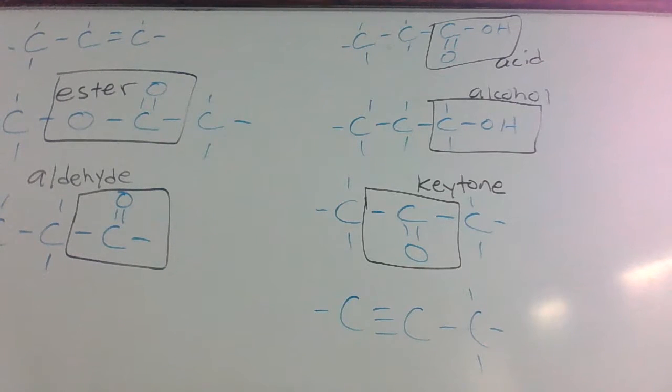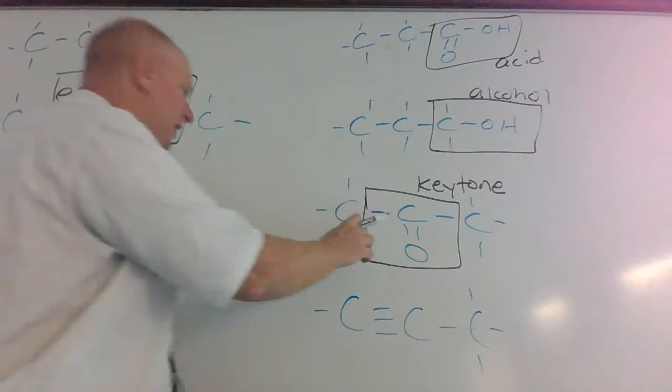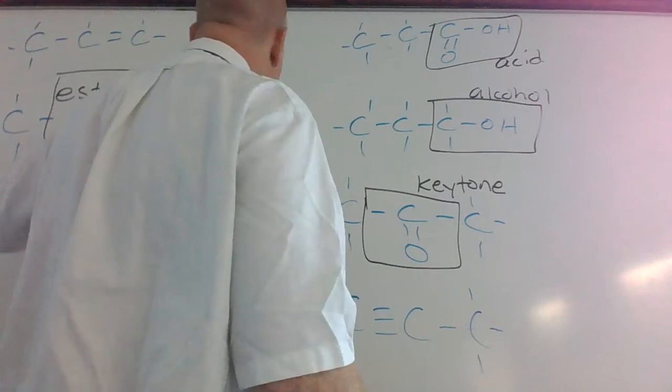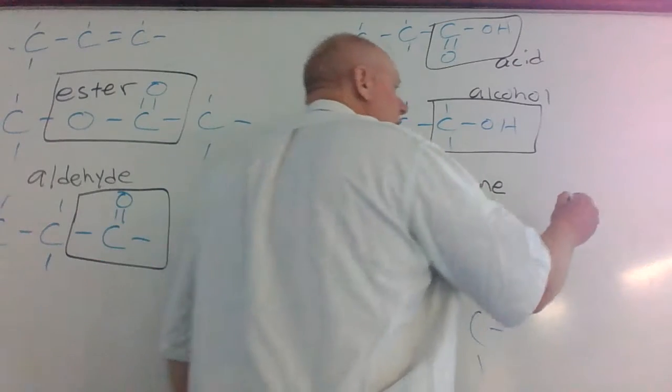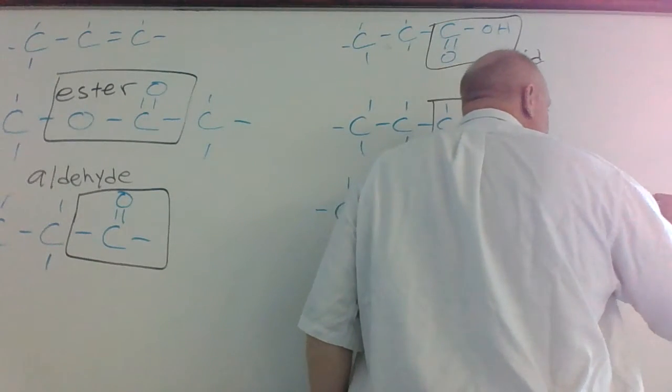How do you know you're looking at an ether? See, I thought I forgot one. It's very closely related to an ester and perhaps a ketone, but probably more so an ester because it has a single bonded oxygen. So what we're talking about is this.